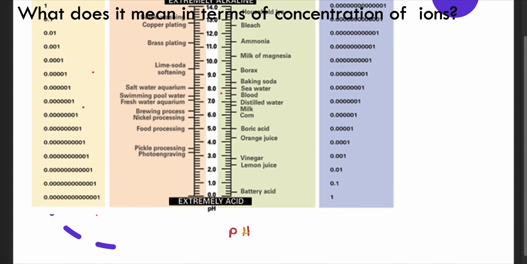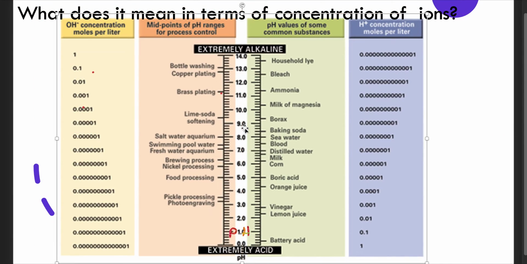To look at everything combined, we can look at the pH scale, which is right here, and look at the concentrations. And again, if you guys notice, as we go from 0 to 14 on our pH scale, our hydrogen ion concentration decreases.